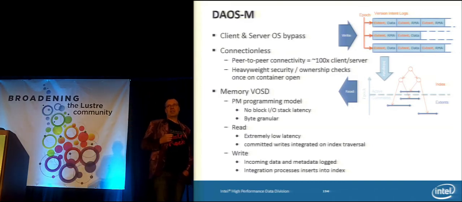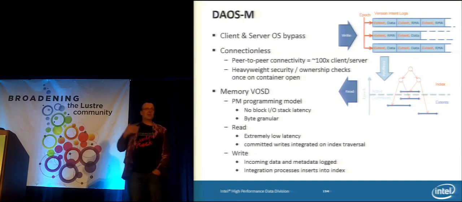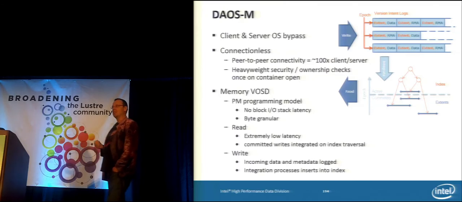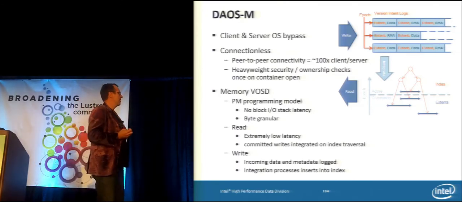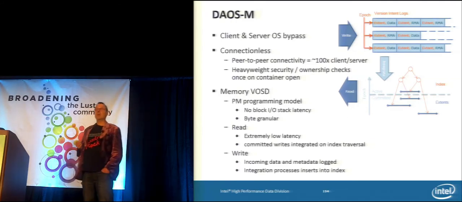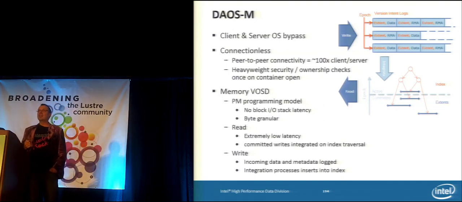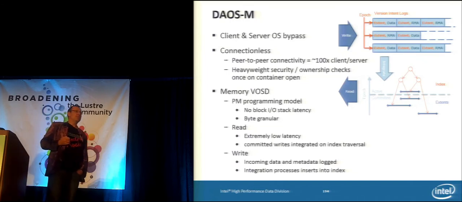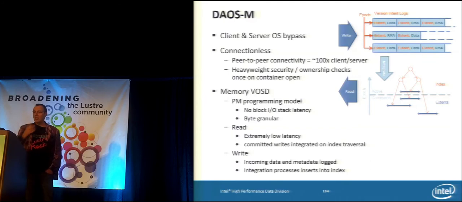I've got to have OS bypass end-to-end in order to not incur the additional latency. I've got to do my security negotiation once off and establish a communications and security context that lets me get at my data. And this security context has got to be scalable and many-to-many. If I'm thinking of scaling to, say, 100,000 clients, I can't afford to be keeping connection state on each of my clients.